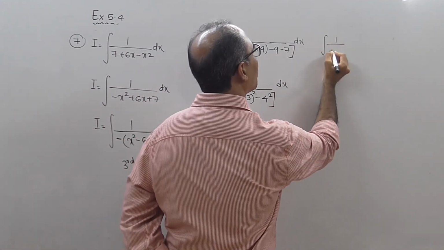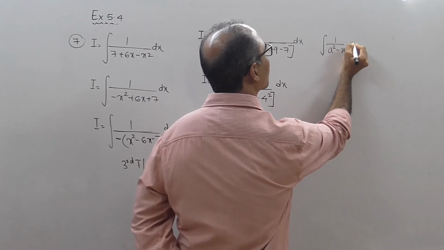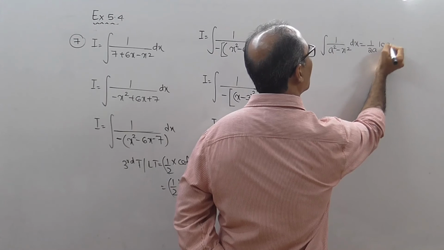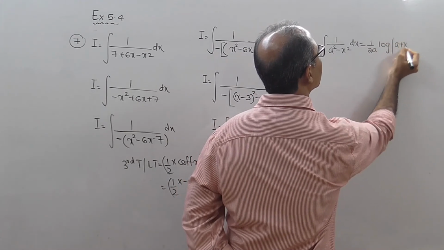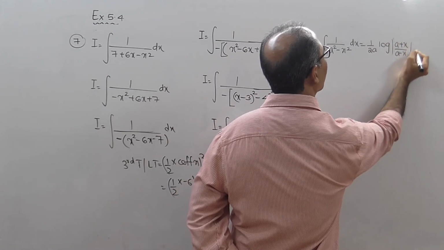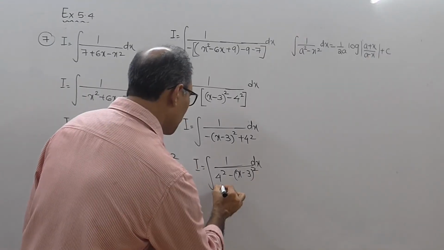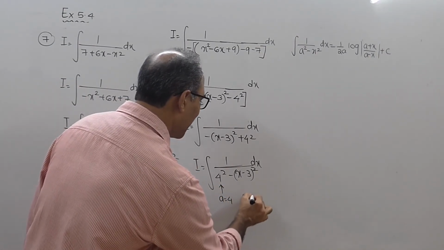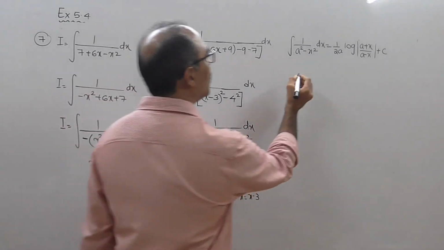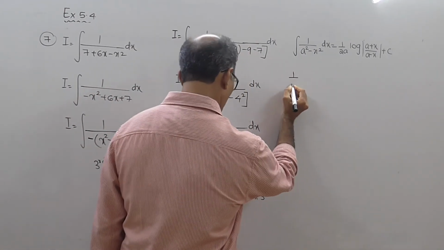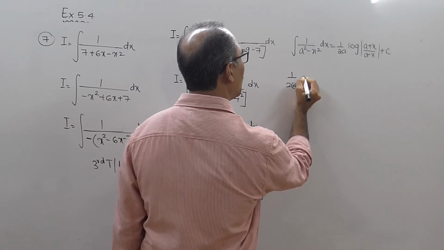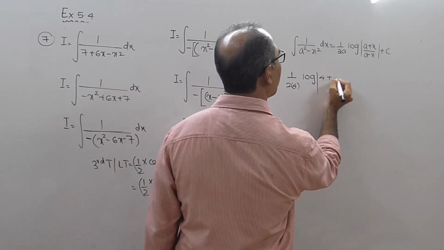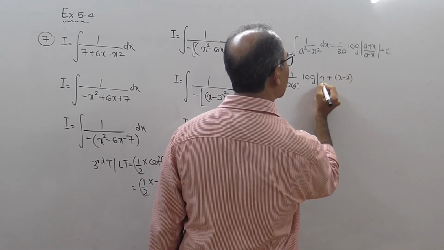This is in the form of integration 1 upon a square minus x square dx. I think the formula is 1 upon 2a log modulus a plus x upon a minus x plus c. So this is my a, which is equal to 4, and my x will be x minus 3. So this will be 1 upon 2a, means 1 upon 2 into 4 log modulus a, which is 4 plus x, meaning x minus 3.